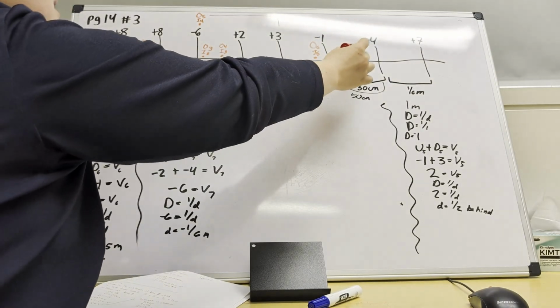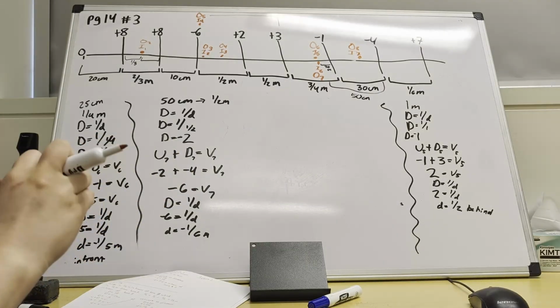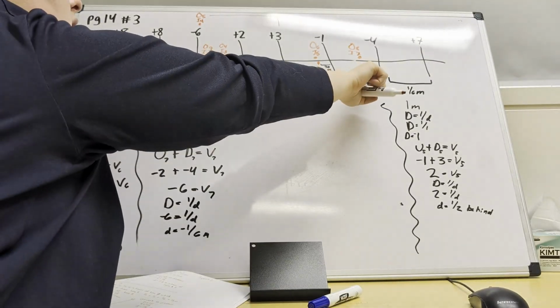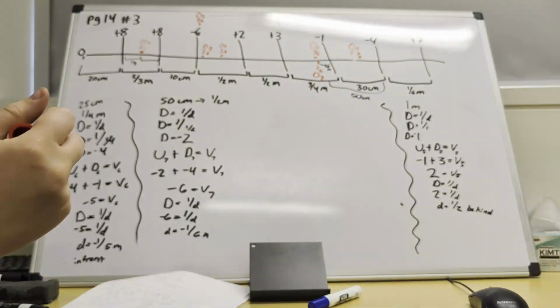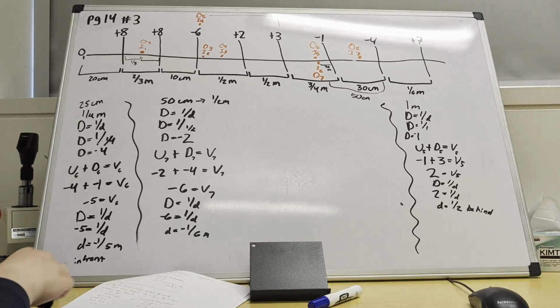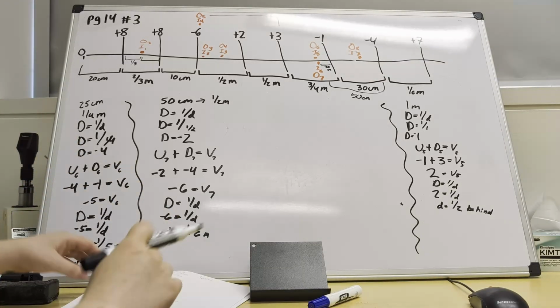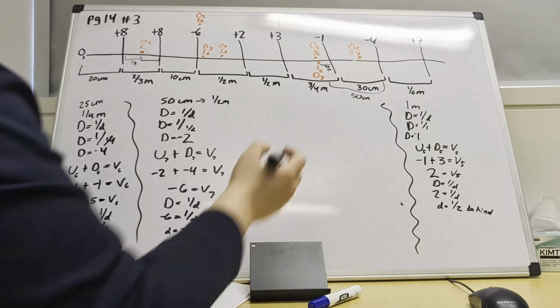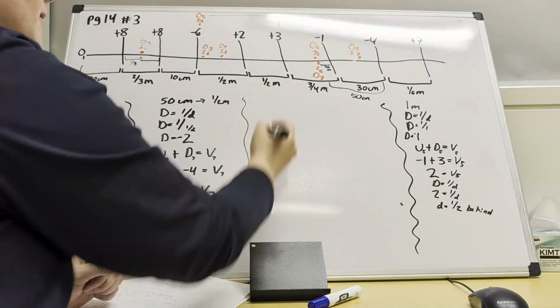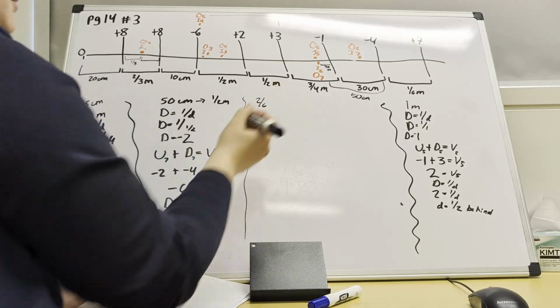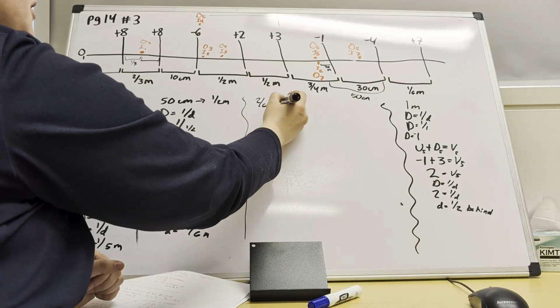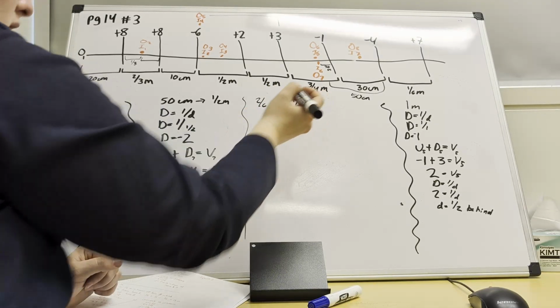Distance from I7 to the 7th lens is 1/6 of a meter. The distance from the -4 lens all the way over to the 7th lens is also 1/6 of a meter. 1/6 plus 1/6 is going to be 2/6, which then simplifies down to 1/3.